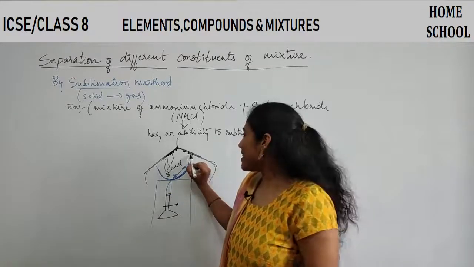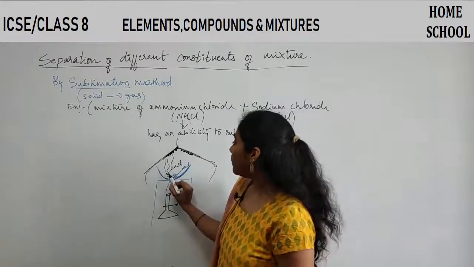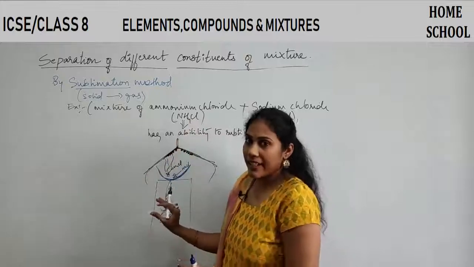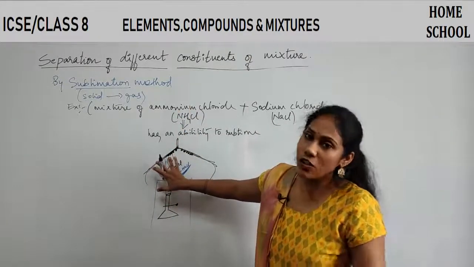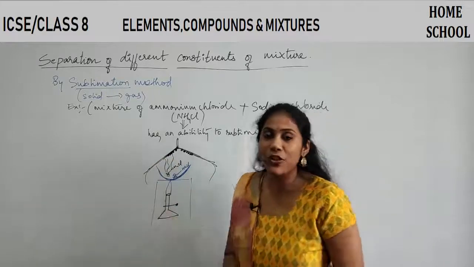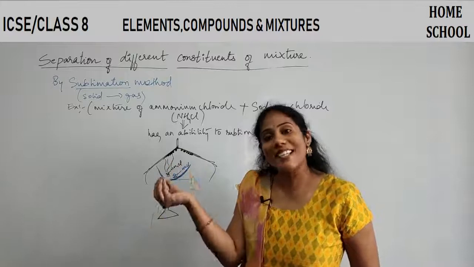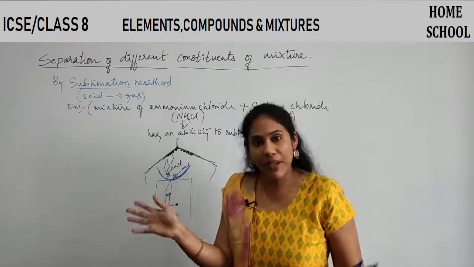That means the gas directly becomes solid. Say all ammonium chloride is going up in the gaseous state. There again it is getting converted into solid. This is also sublimation only, conversion of solid to gas directly or gas to solid. This is the process of sublimation.